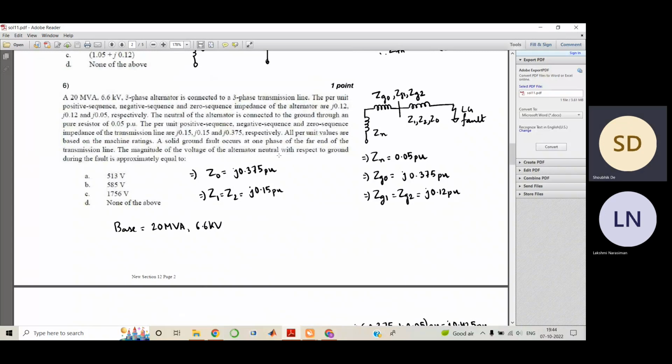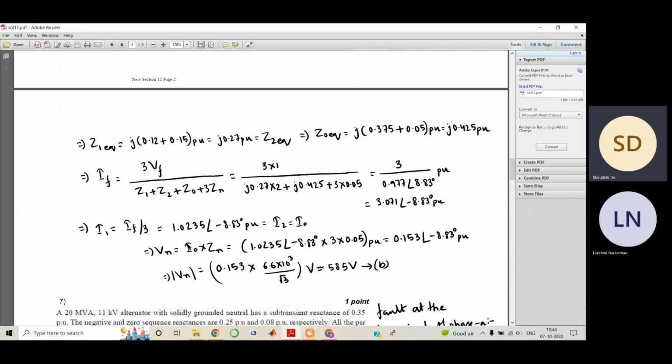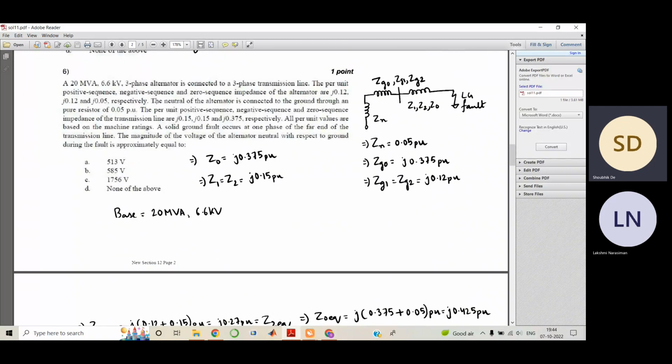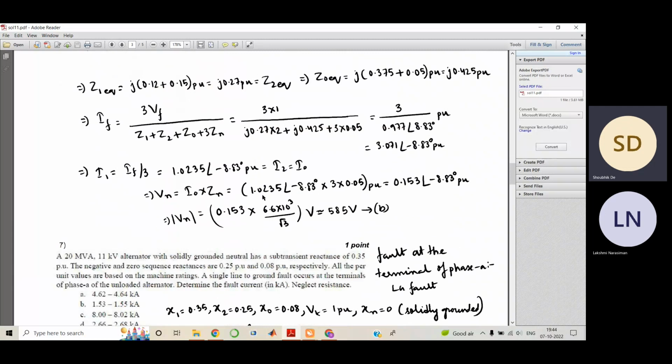Now they have asked what would be the magnitude of the voltage of the alternator neutral with respect to ground. So we require this zero sequence current, multiplied with the neutral to ground resistance, 0.05, so 3 times that.